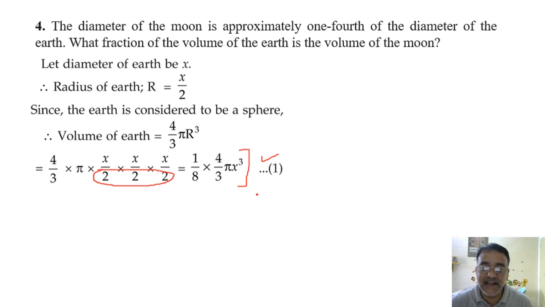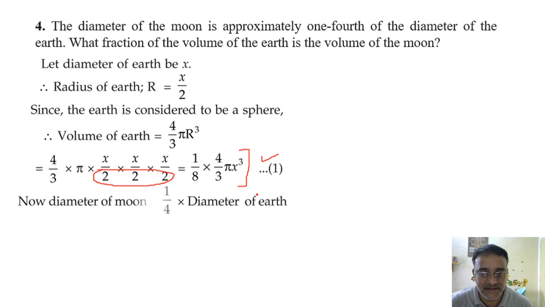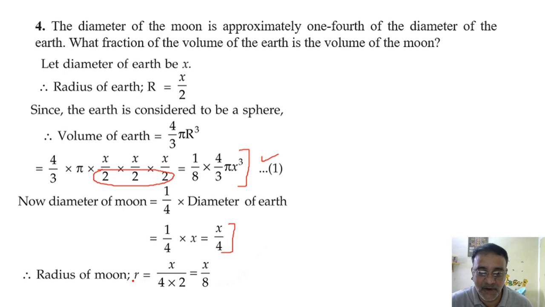Okay, now the diameter of moon is given 1/4 of the diameter of the earth, and diameter of earth is x, so diameter of moon will be x by 4. So what will be the radius of moon? X by 8. Right. Taking small r for this. So moon is also in the form of a sphere, so volume of moon will be 4 by 3 pi r cube.